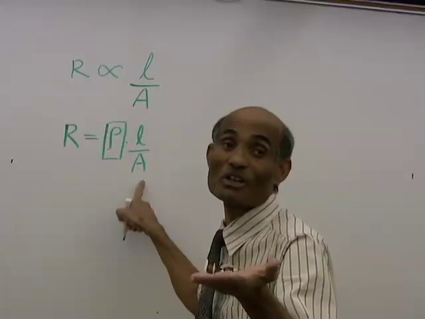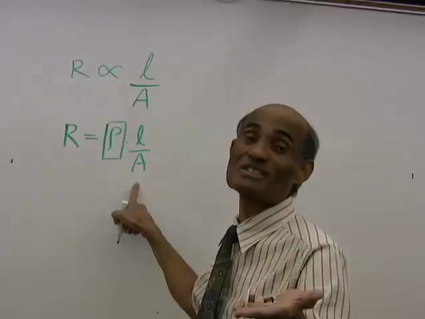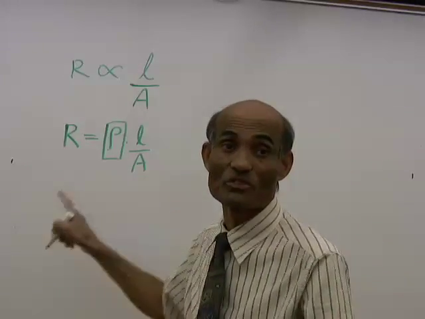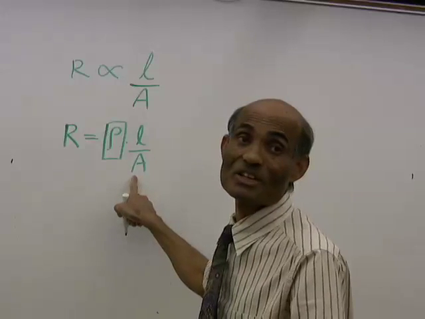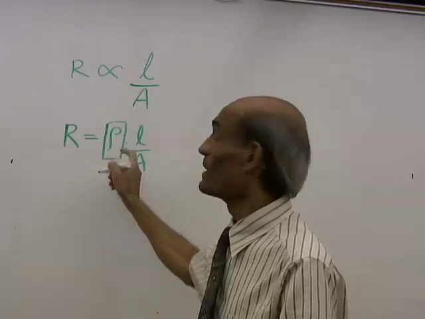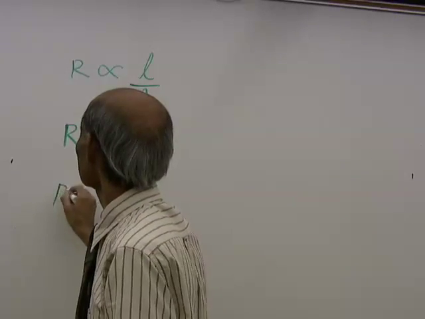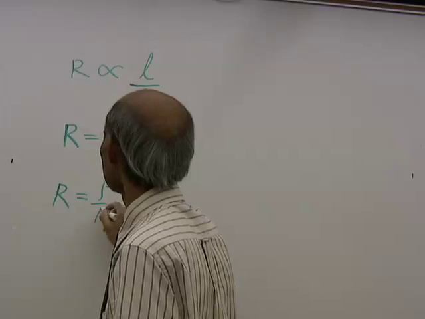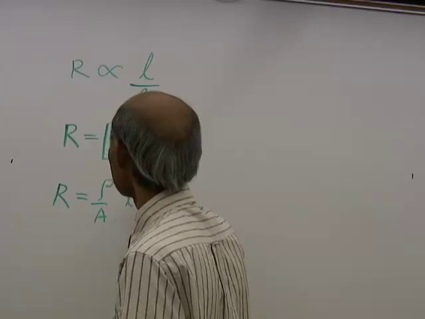That means the area of cross-section is a constant. In the lab manual, I have given you the value of the radius. You can calculate the area of cross-section. And rho is a constant. Therefore, this equation can be written as R equal to rho divided by A times L.